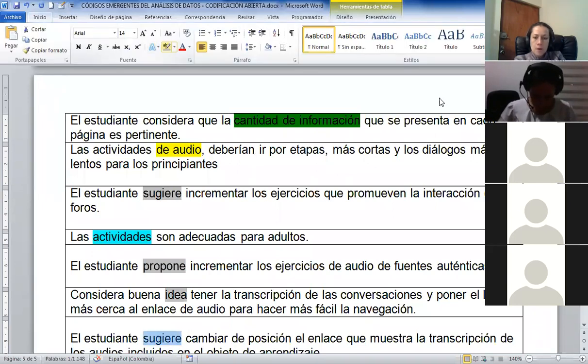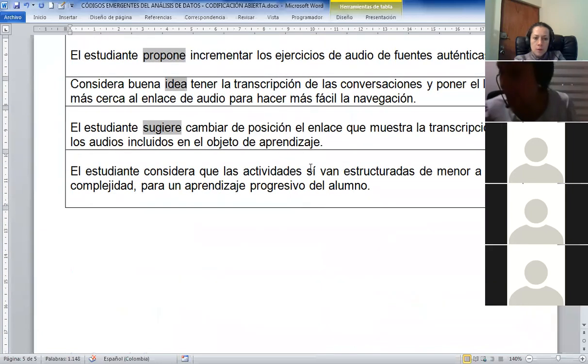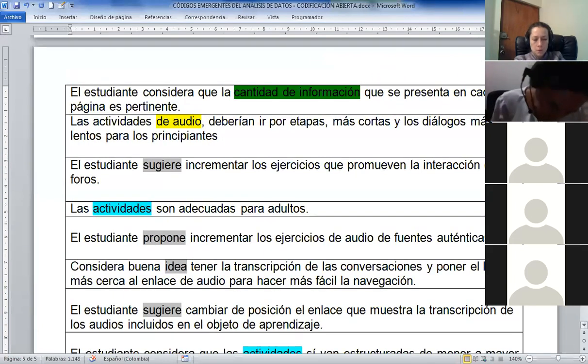So far we haven't found anything about the competencies. Activities. And that's it. So this student didn't give his opinion about competencies. So that means that so far, trying to group students' opinions about competencies, we just have one student, Gio, who gave her opinion about that.